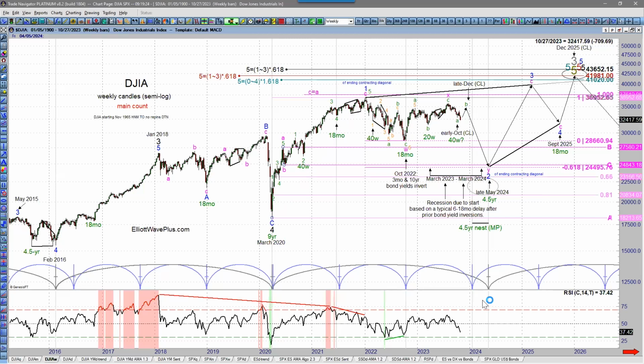Notice I've done some manual phasing on this. Starting from this March of 2020 low, I've made these 18-month cycles rather equal, and the last one ending at the bottom day in October of last year.